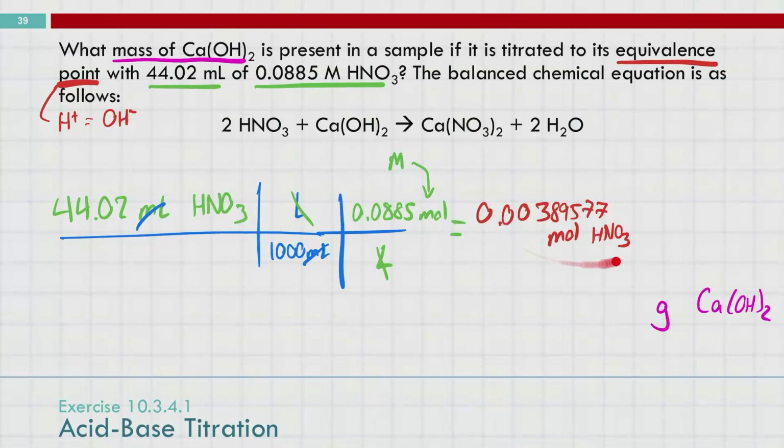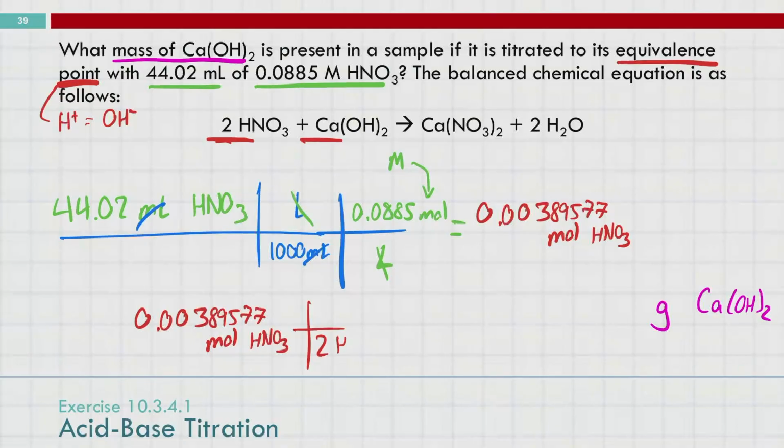How can we turn this into grams calcium hydroxide? There's 2 steps. What's one step we need to do? All right, our next step is stoichiometry. So we're going to do the stoichiometry step. We look at our balanced chemical equation, 2 HNO3 to 1 calcium hydroxide.